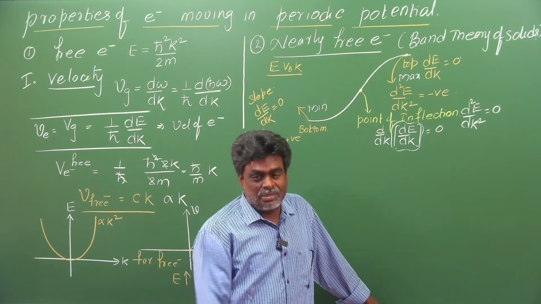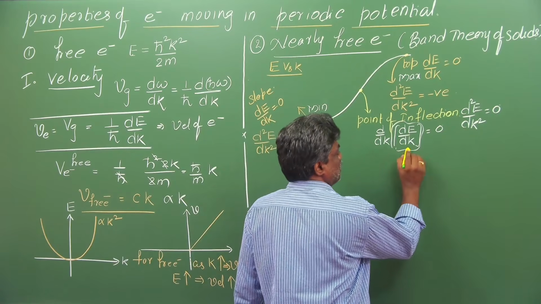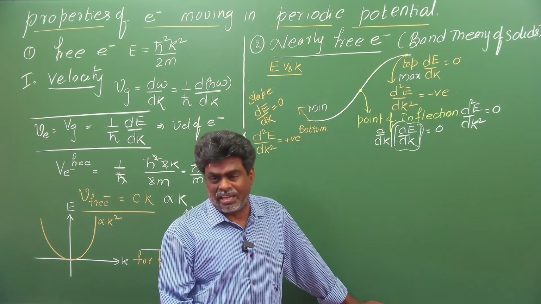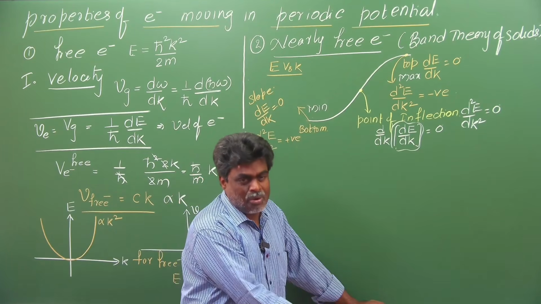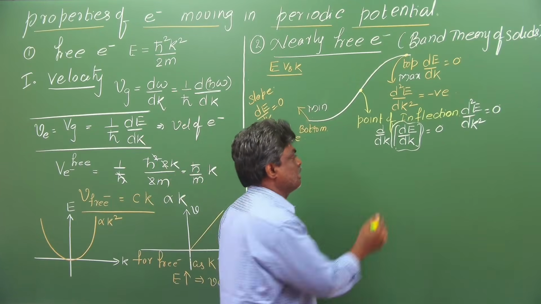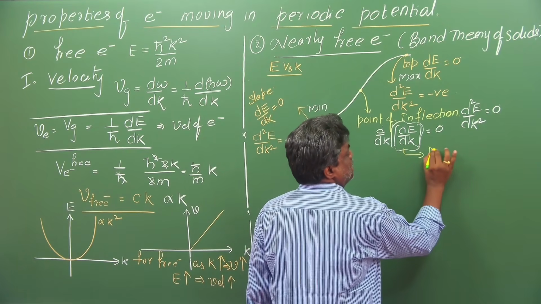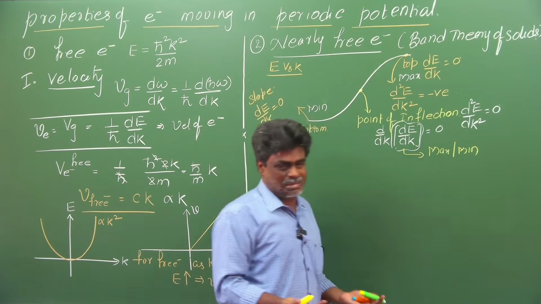That constant is what, maxima or minima? Differentiation of a function is 0. What is the function? Maximum. That maximum only you are saying is a constant. That minimum only you are saying is a constant. dE by dk is what? Constant. But what is that constant value? Maxima or minima, either maxima or minima.